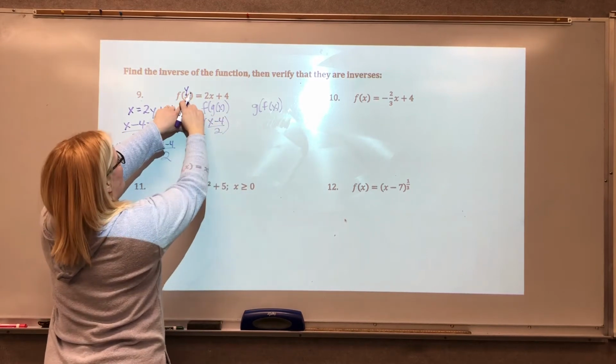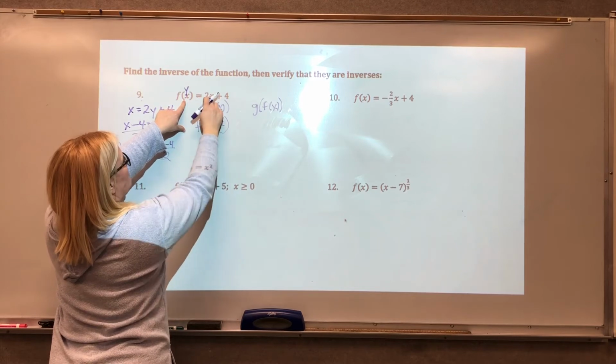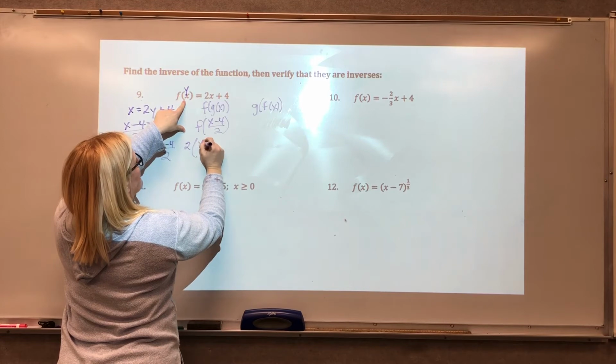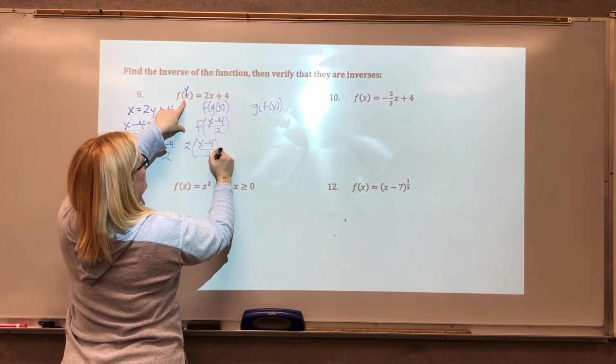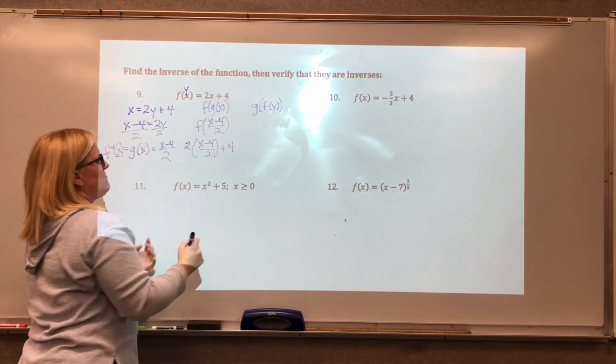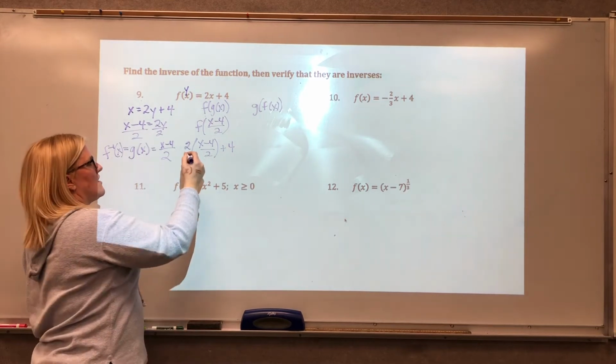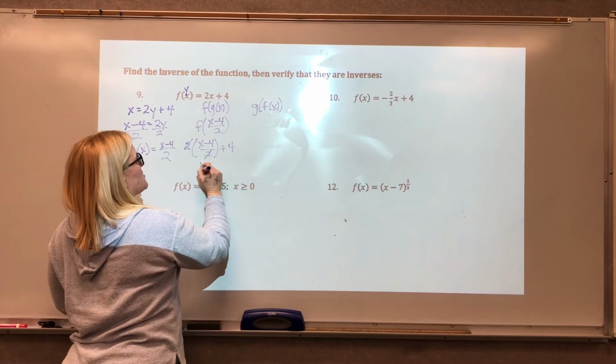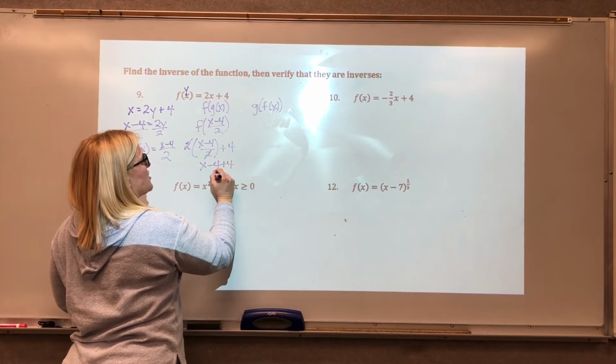And now I have f of x. I'm going to put this in for x. So this is going to be 2 times x minus 4 over 2 plus 4. Because this is in parentheses, these 2's cancel, and I'm left with x minus 4 plus 4, which is x.